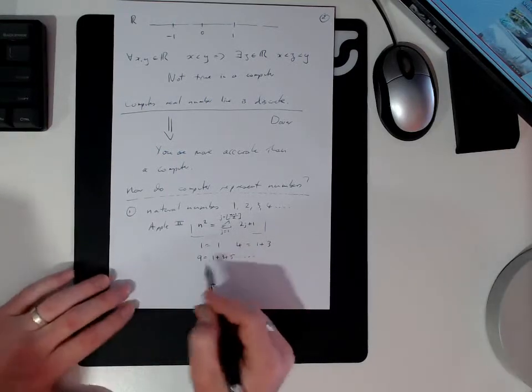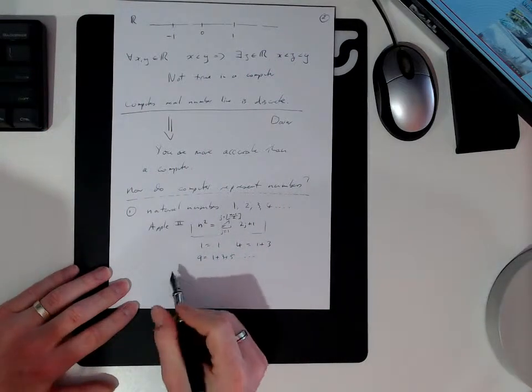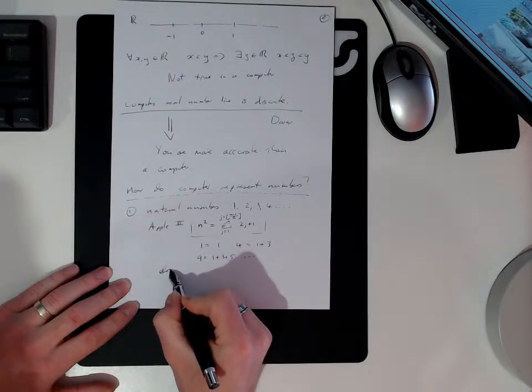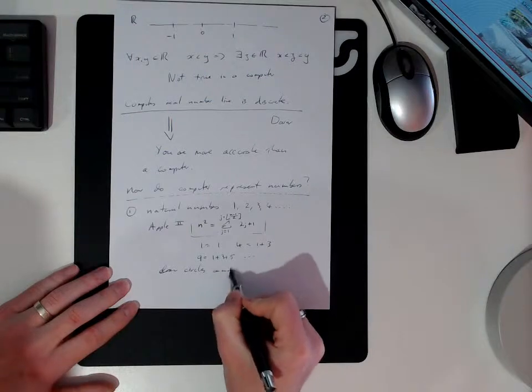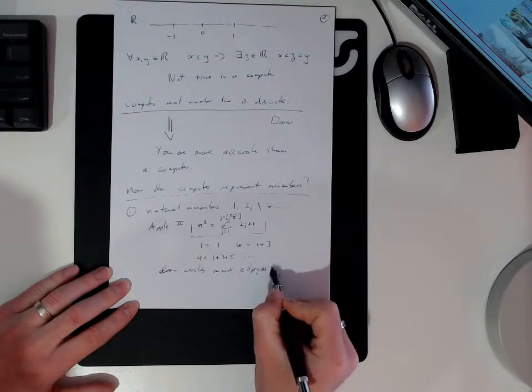And famously, the Apple II used this and an algorithm which I have a link posted to on the resources page to draw circles and ellipses, which I can't spell. Ellipsis.